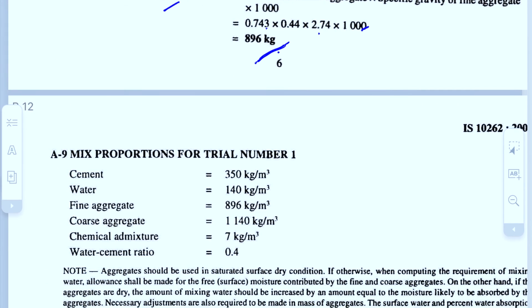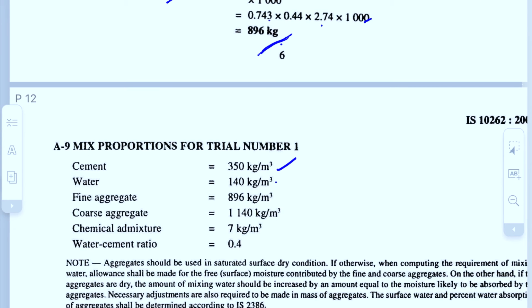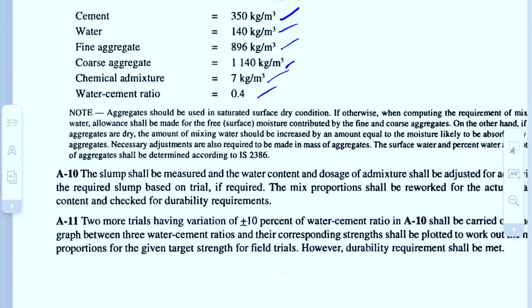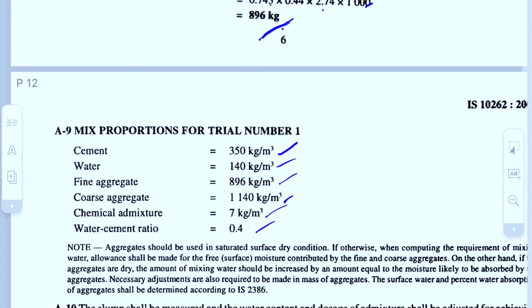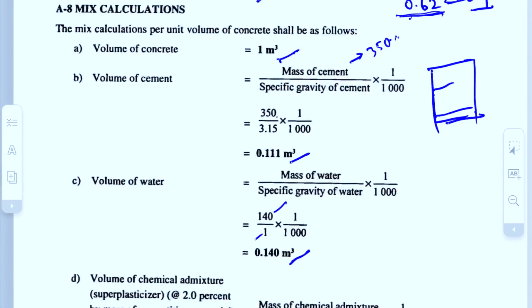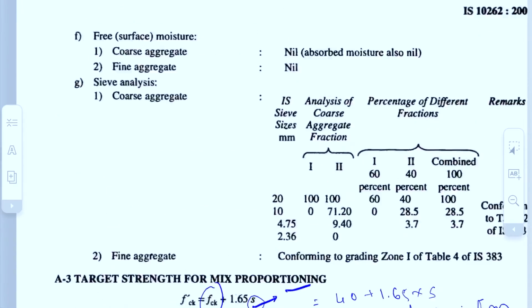So the mix proportion for the above example is: cement 350 kg per meter cube, water 140 kg, fine aggregate 896 kg per meter cube, coarse aggregate 1140 kg per meter cube, chemical admixture 7 kg per meter cube, water cement ratio 0.4. Okay, so this concludes one problem of mix proportion.